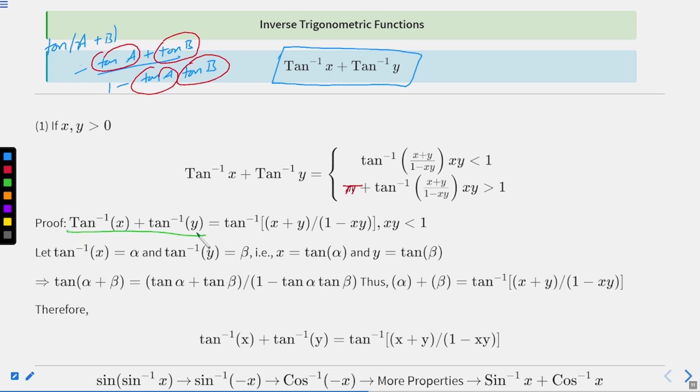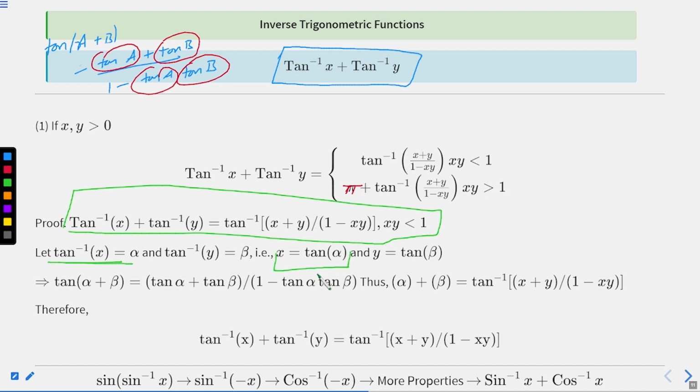So we have tan inverse x plus tan inverse y, and we want to prove this. Start by taking tan inverse x equal to alpha and tan inverse y equal to beta. Then from this x is equal to tan alpha, and y is equal to tan beta.